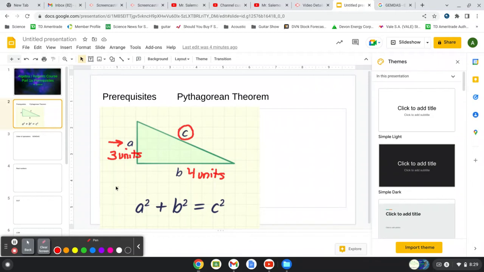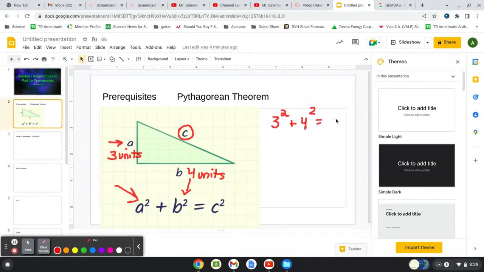To do that, we just follow this equation right here. If A is 3, we have to do A squared. According to the equation, we have to square it. So we have 3 squared. B is 4, so we have to do 4 squared.